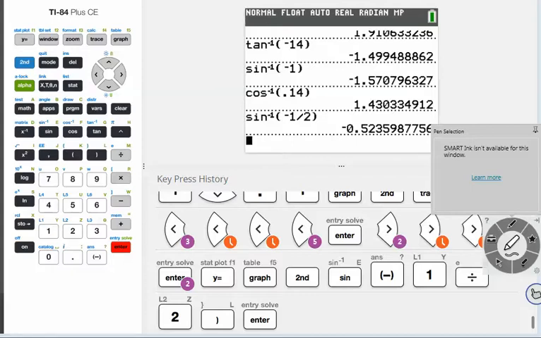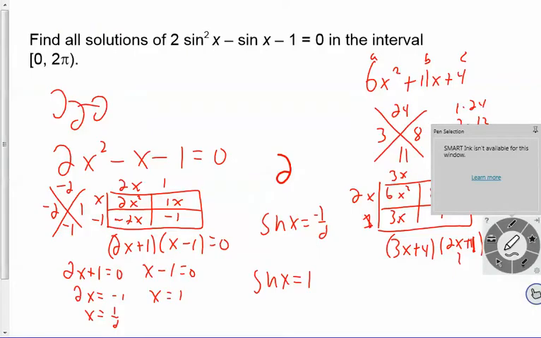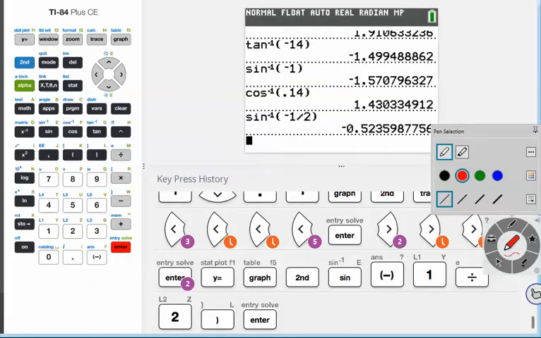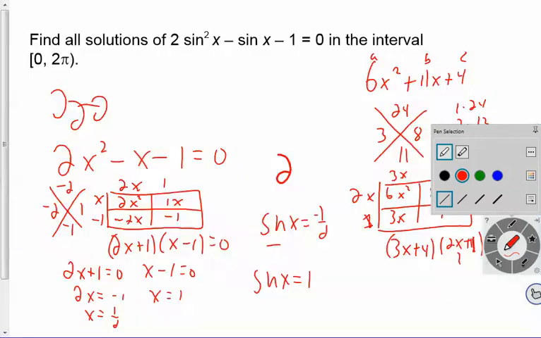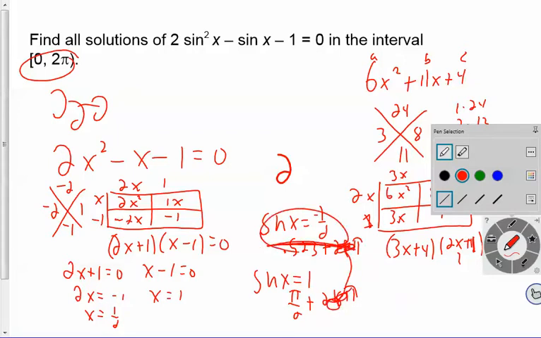So I'm going to do that plus 2k pi. And then this guy, 1, well, that's at pi over 2 plus 2k pi. So those are all the spots where it is equal. Oh, I'm sorry. I just need these guys, so take out the 2k pi. Take out this, and actually take out that, because that is not from 0 to 2 pi. Okay?